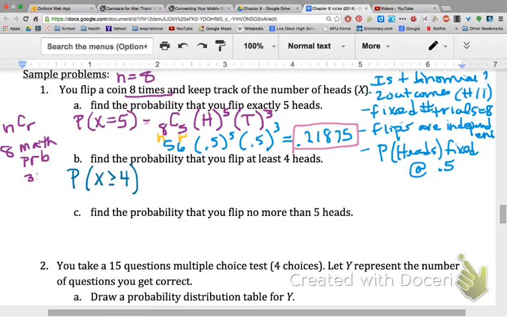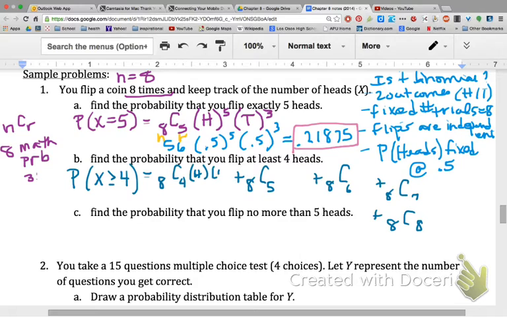So now if I do this by hand, I've got to look at 8C4 and then 8C5 and 8C6 and 8C7 and 8C8. And then of course the notation would be the same. I'd have heads and tails.